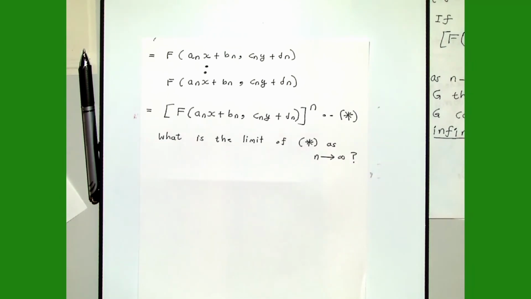Now in the univariate case, I showed you that if the limit exists, then it must be of three types: the Gumbel type, the Frechet type, or the Weibull type.